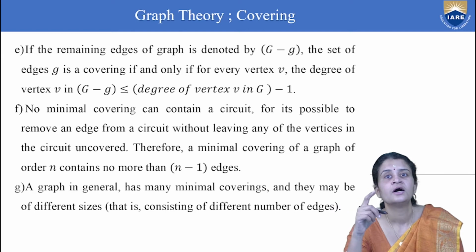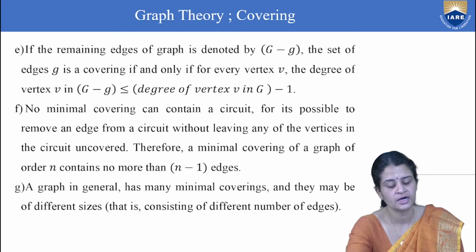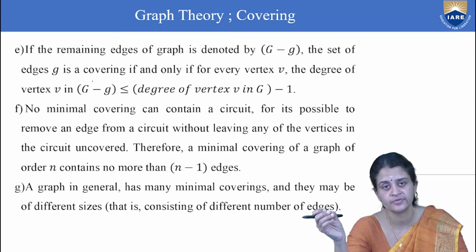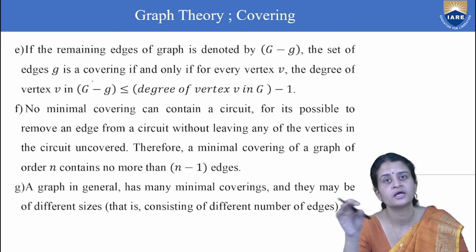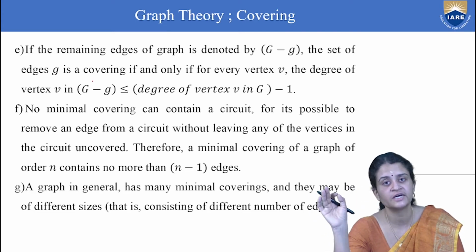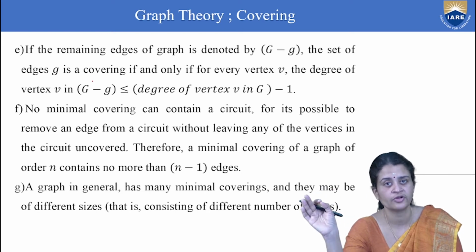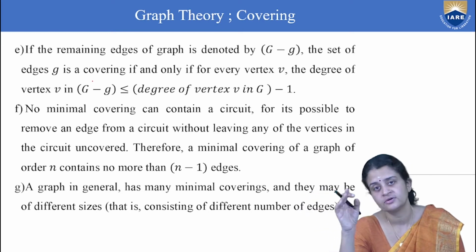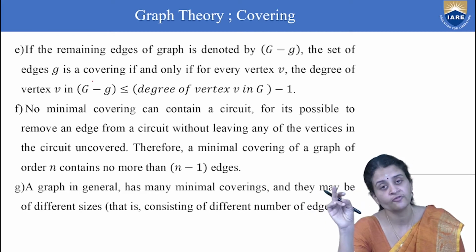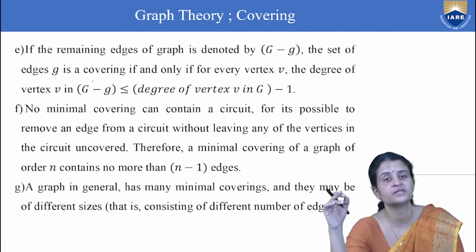We are saying that it is a covering, so if we take a vertex v in the main graph, and we discard those edges that we are considering, those set of edges are said to be a covering if and only if the degree of vertex v in G minus g is less than or equal to the degree of that vertex in the complete graph minus 1.